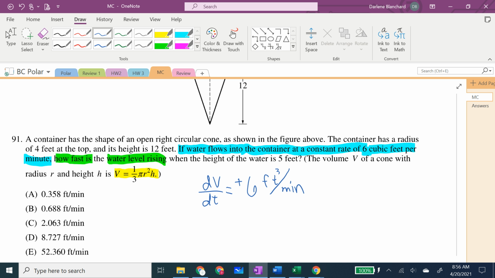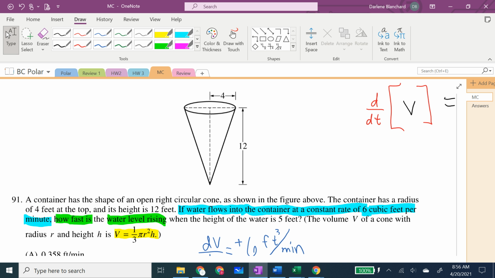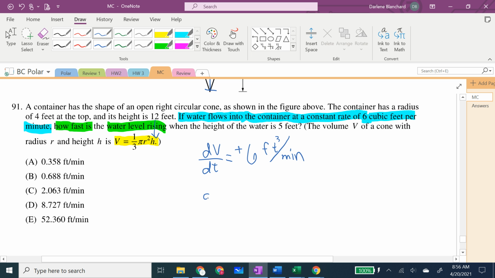This is asking you for rate of change of the water level. Water level is going to be whatever letter you want to give, probably H for height, because that's what that H in this volume formula represents. So we want to find dH dt. I like to put equals question mark, but everyone does things how it makes sense to them.